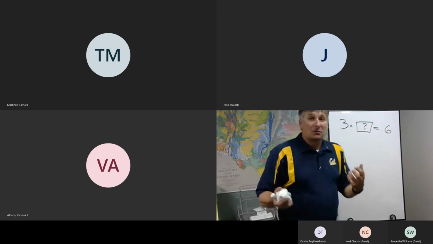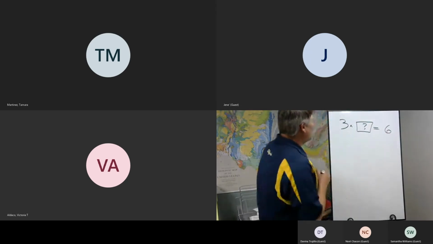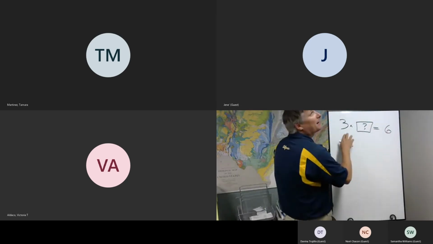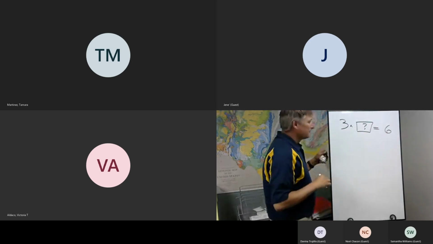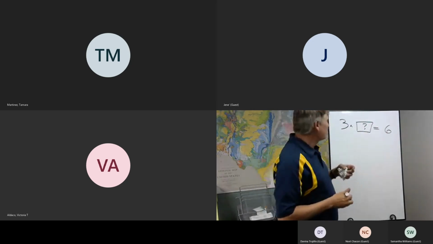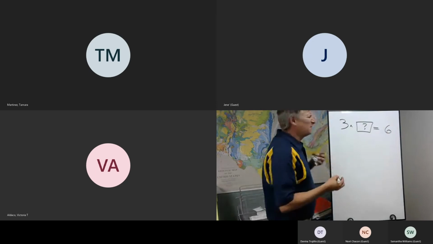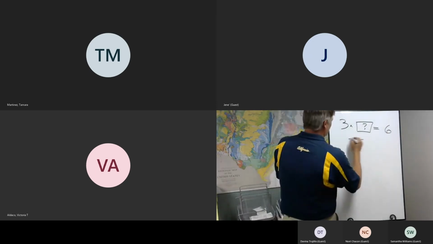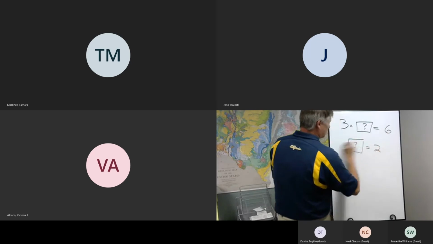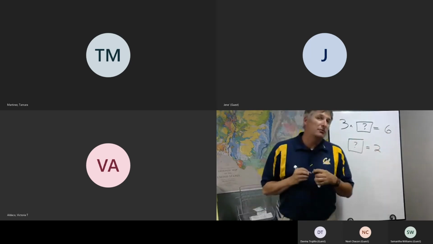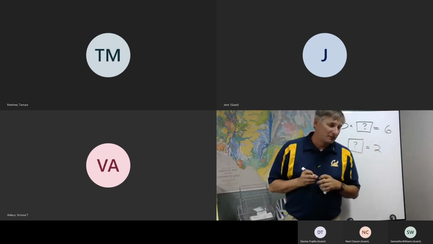You got to figure out the answer to the riddle. And so you toy with it. You say, well, thinking back to multiplication, 3 times some number gives me 6. What number could that be? You say, well, it's got to be 2, if I recall correctly. So we discover that the unknown number is 2.